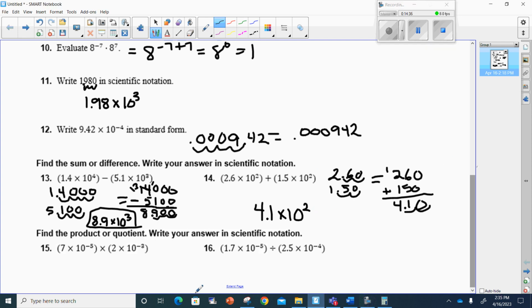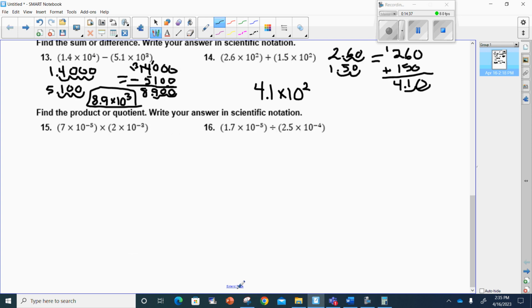All right, let's move on to number 15. Number 15 says, find the product or quotient, write your answer in scientific notation. We're multiplying this. So when I multiply this, I realize that I'm multiplying the 7 by the 2, and I'm multiplying the 10 to the negative 5th power by 10 to the negative 3rd power. When I do this, 7 times 2 is 14.